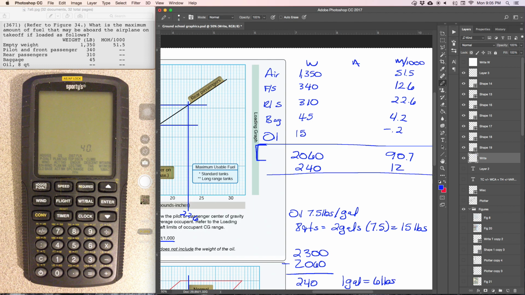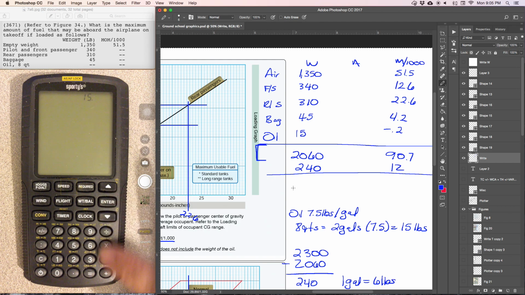Alright, now we're going to rework a new weight and moment problem. So we're going to go weight and balance, down to the moment. Because we've already calculated all of these, and that gave us the new weight and moment, we don't have to do the entire recalculation again. We can use the new weight and moment as the starting point and then just add for the fuel.